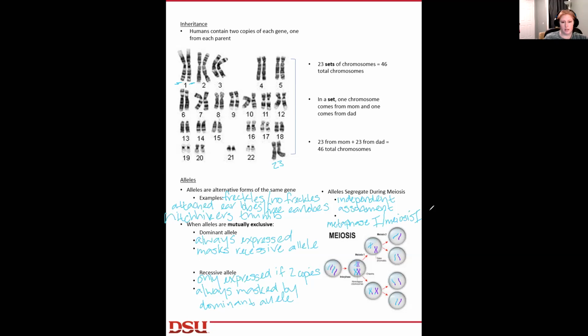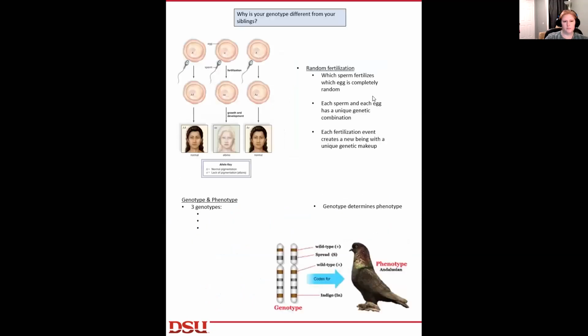And so now I want you to be able to put all of that together when we're talking about inheritance and what offspring actually exhibit as their traits, okay? And that it's a process of meiosis.